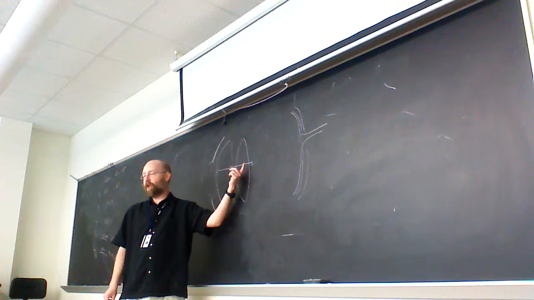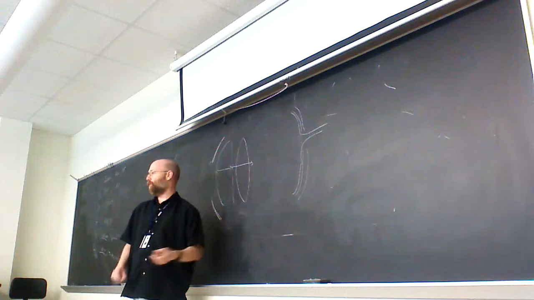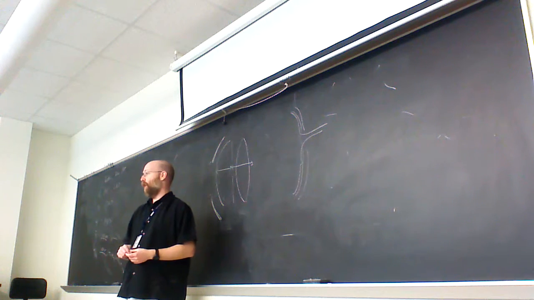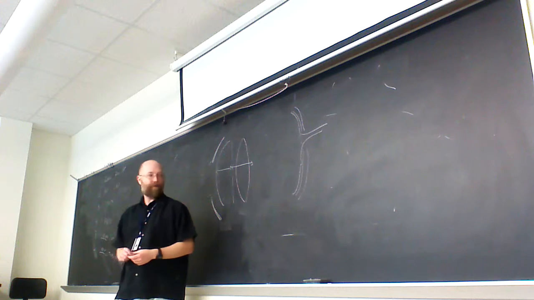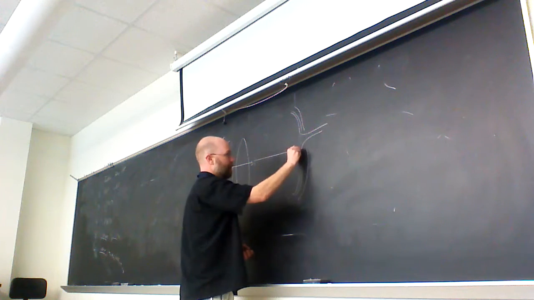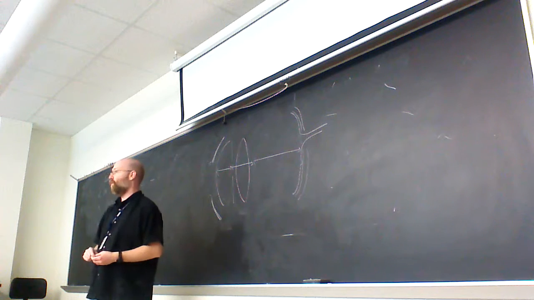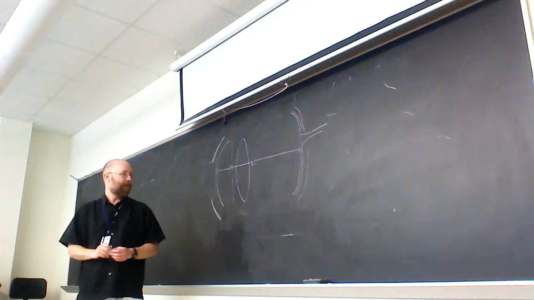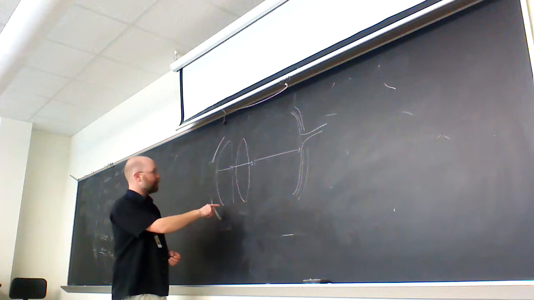The posterior chamber of the anterior cavity. What's the fluid in the posterior chamber? Nope. It's aqueous humor. And then we've got this region way back here. What's that fluid? That's the vitreous humor.